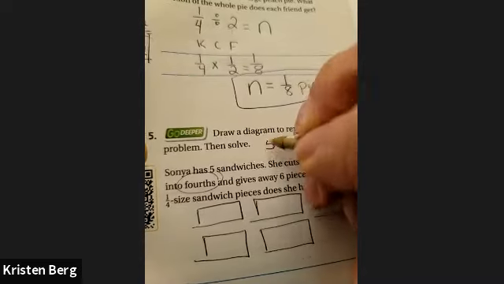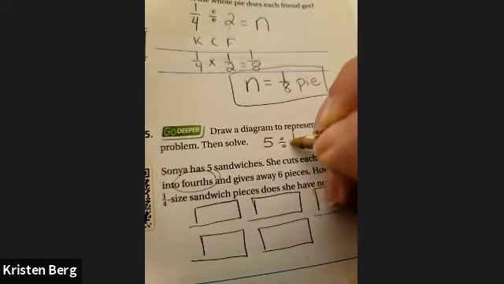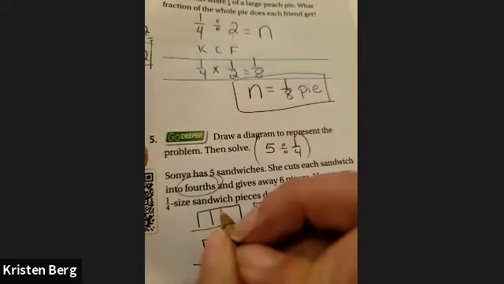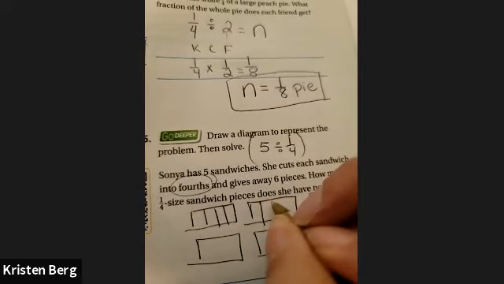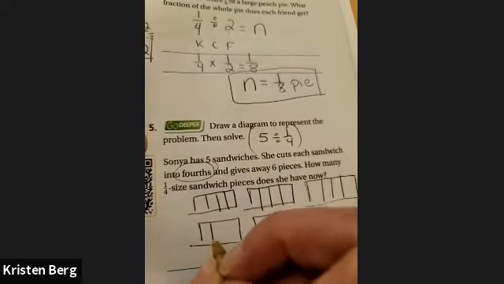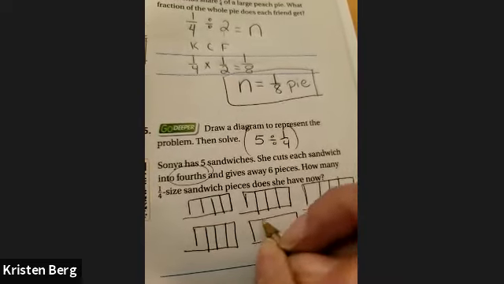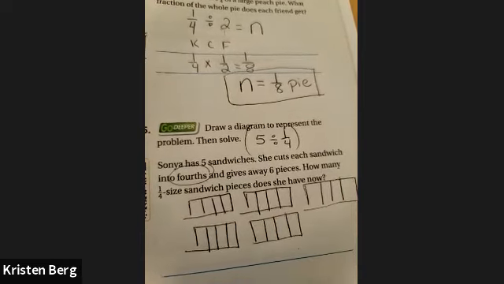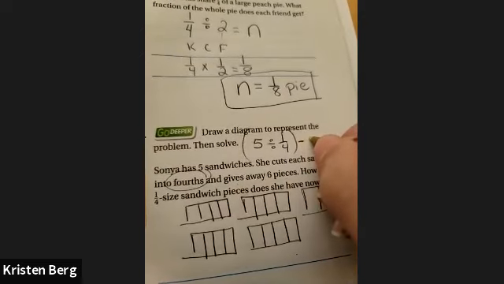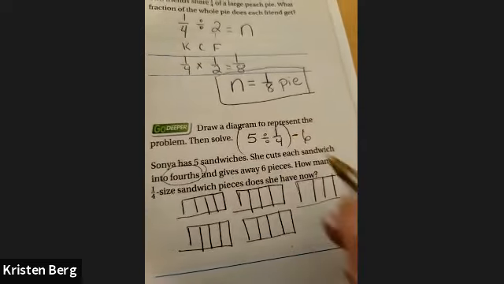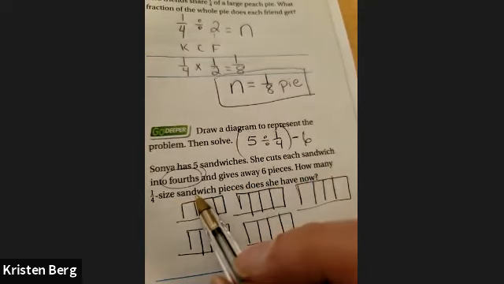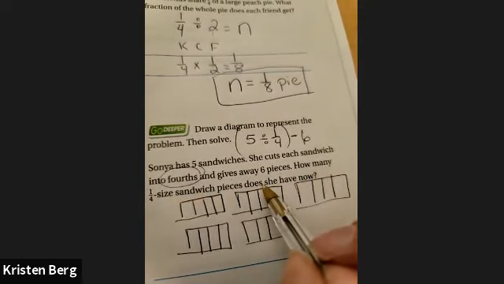So basically it is 5, and then they're going to be divided into fourths. So if I cut it into fourths, that means 3 lines. So there's my fourths. And it says she then gives away 6 pieces. So how many 1/4 size sandwich pieces would now be left over after she did that?